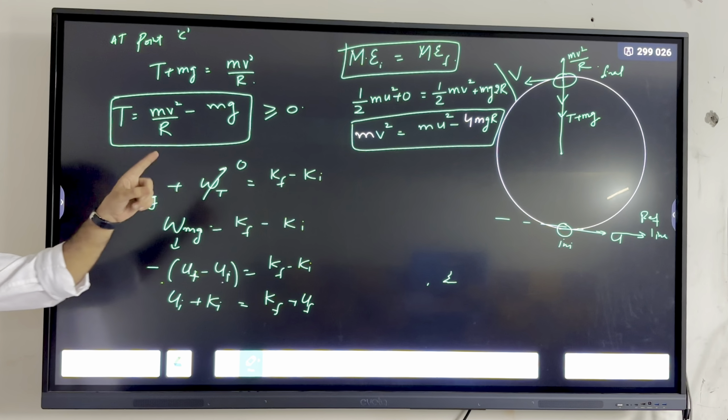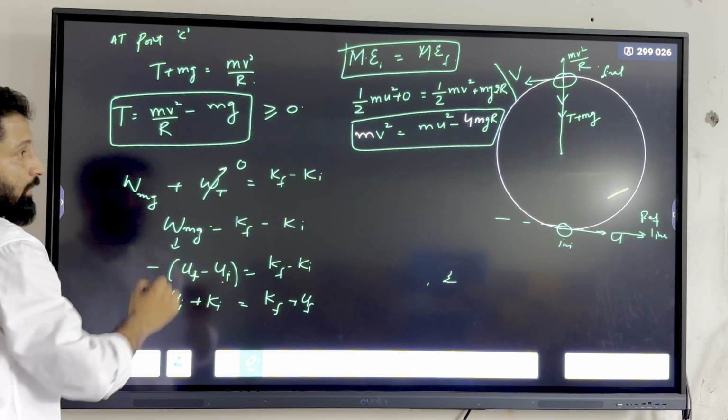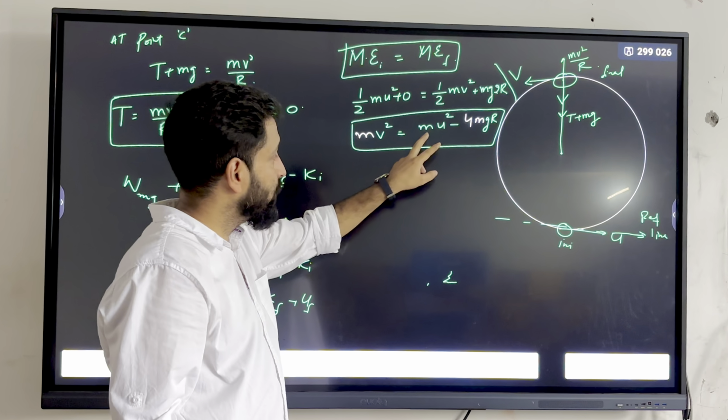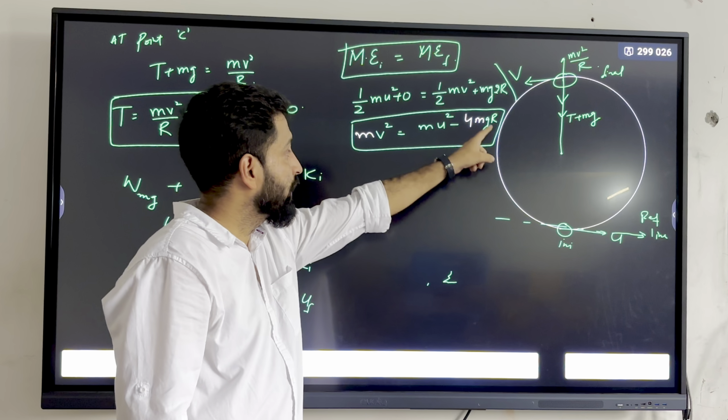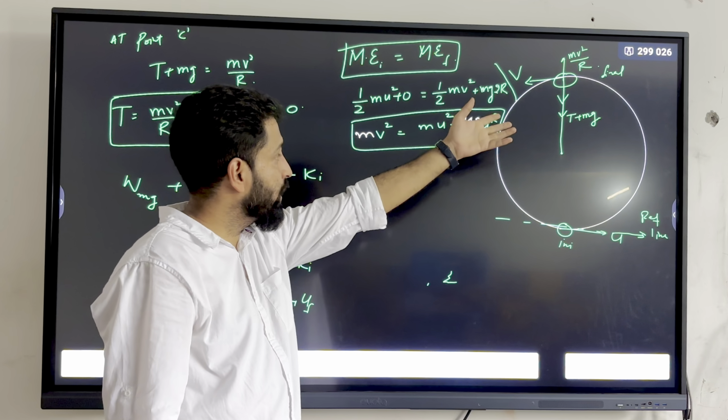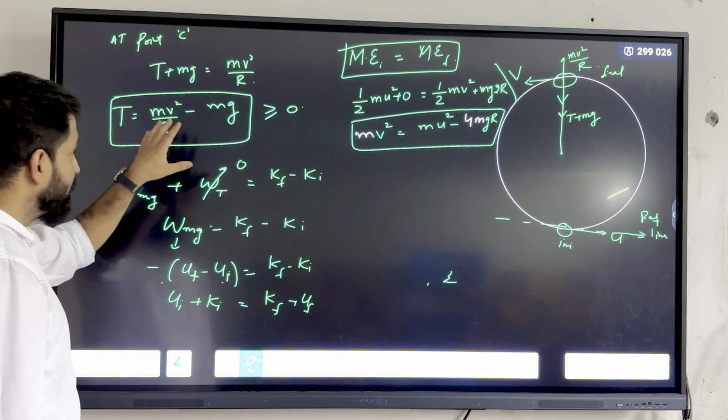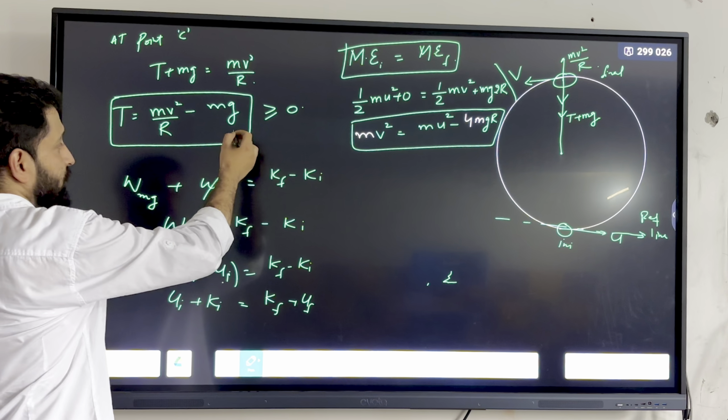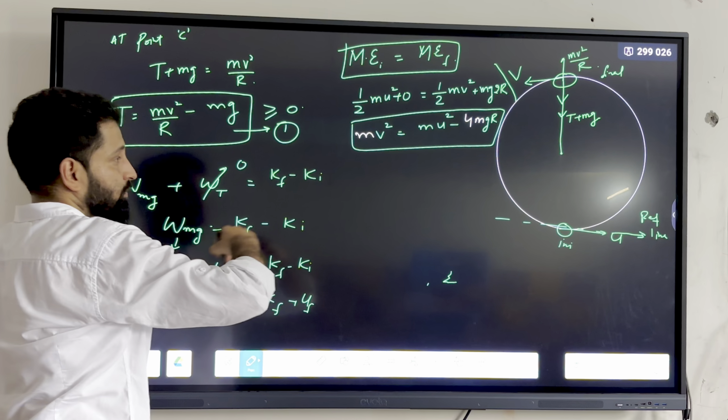Now put the value of m v square here. Actually, see, m v square is in terms of u, we know u, and in terms of m g r, we know m g r, we know m. So we will put this m v square in this equation. Let this equation be equation first.